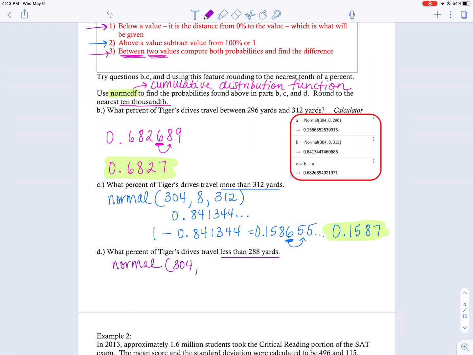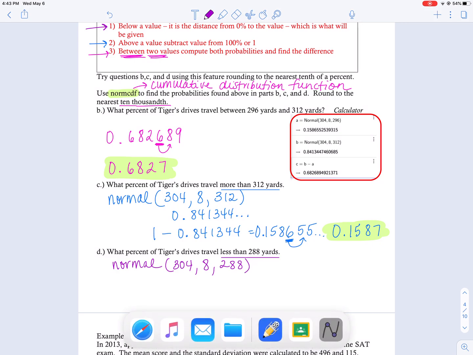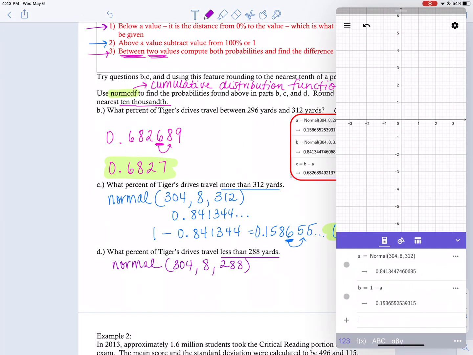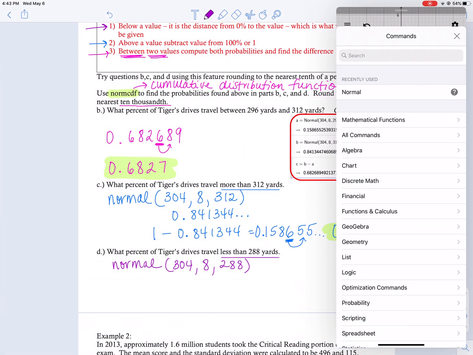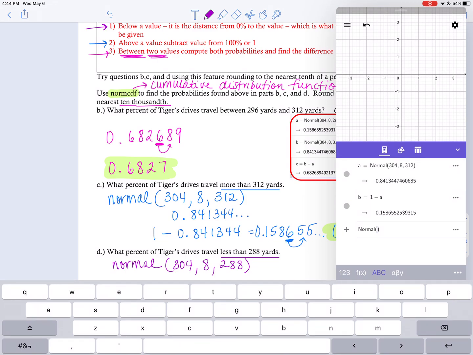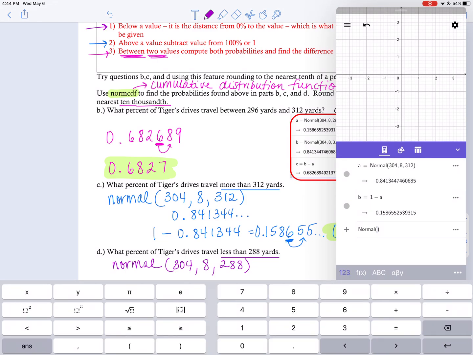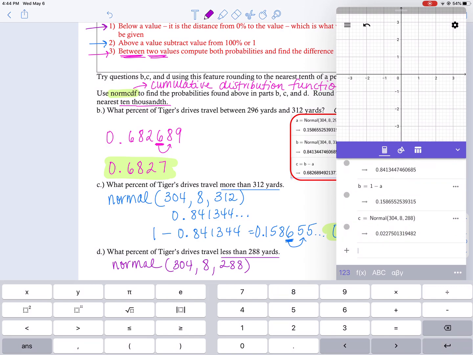Your mean and your standard deviation don't change, but now I want everything below 288. I'm going to do normal, my 304, comma 8, comma 288. And that's my number.